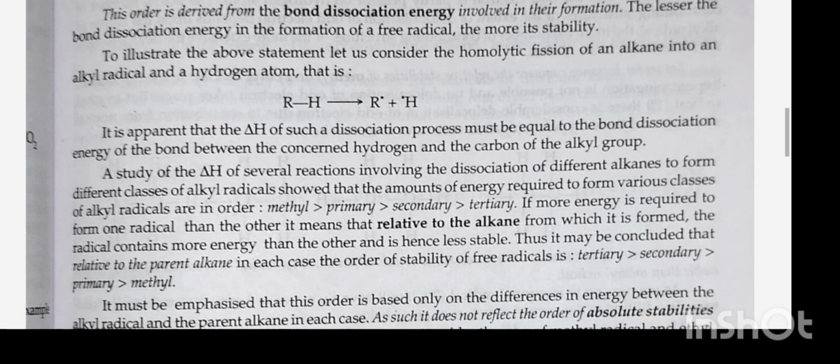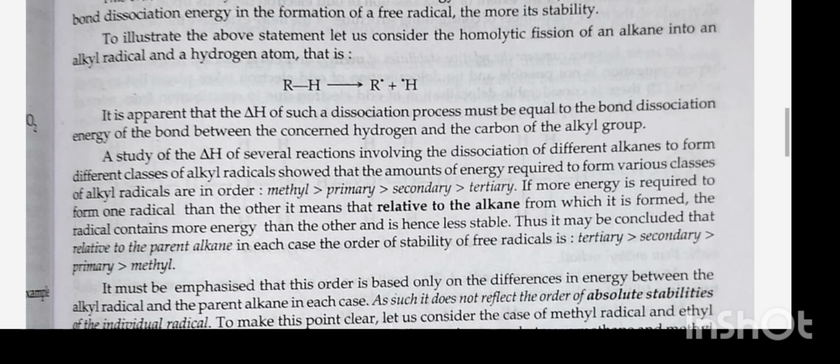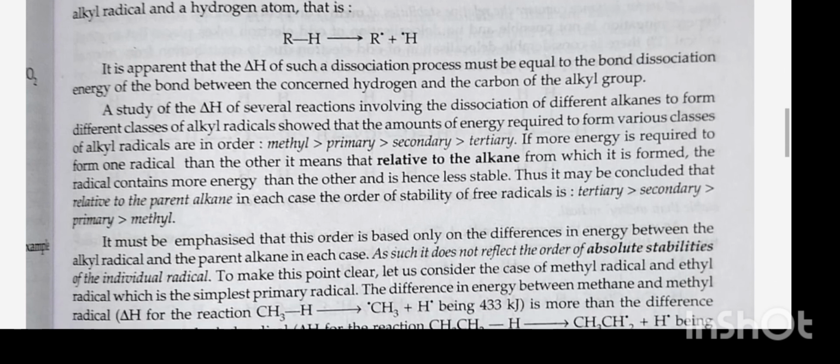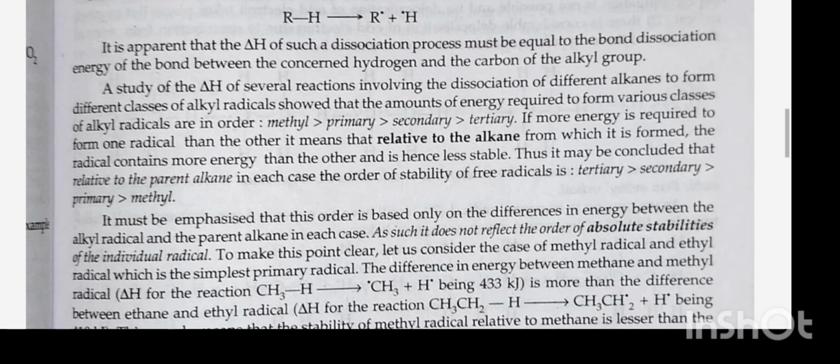It is apparent that the enthalpy change for such a dissociation process must be equal to the bond dissociation energy of the bond between the concerned hydrogen and the carbon of the alkyl group. A study of the enthalpy change of several reactions involving the dissociation of different alkanes to form different classes of alkyl radicals showed that the amount of energy required to form various classes.